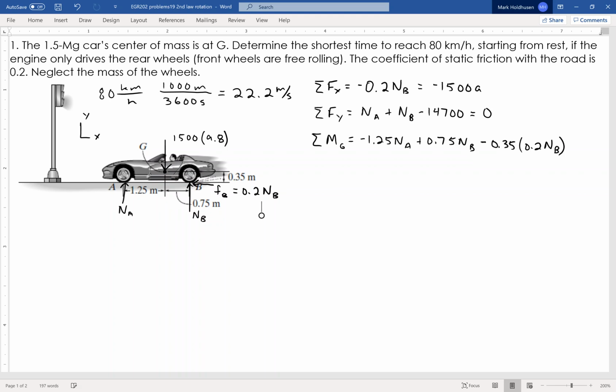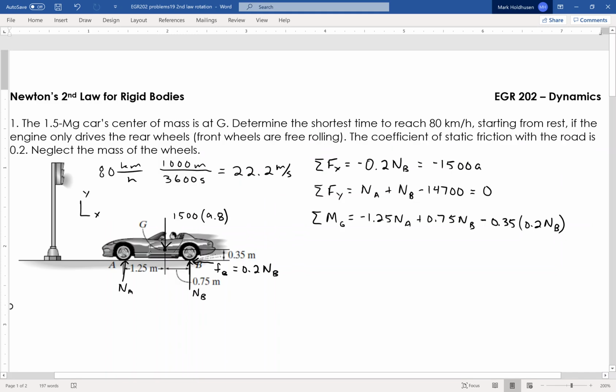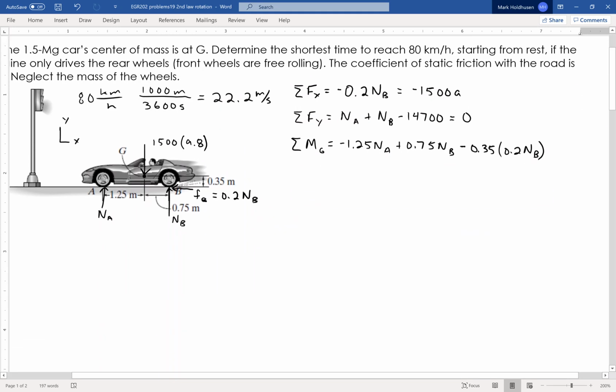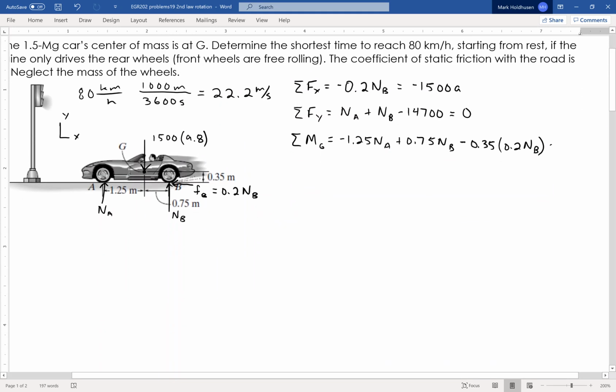That's the friction force. Now this is going to equal I alpha, where I is the moment of inertia and alpha is the angular acceleration. But of course, there is no angular acceleration. This is just translating, so this is also going to equal 0.